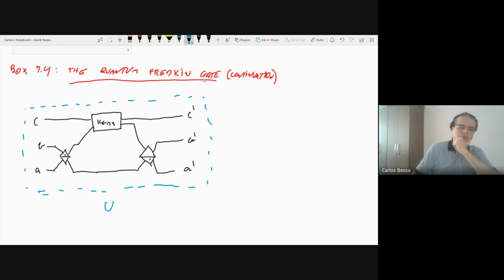This is U equals B, K, B dagger, where K is the operator related to the nonlinear medium and B are the operators related to the two beam splitters.